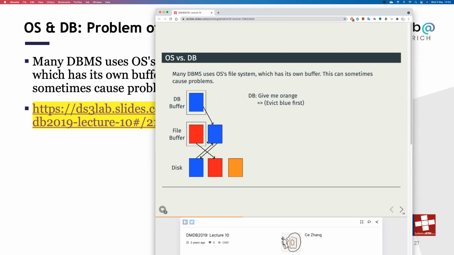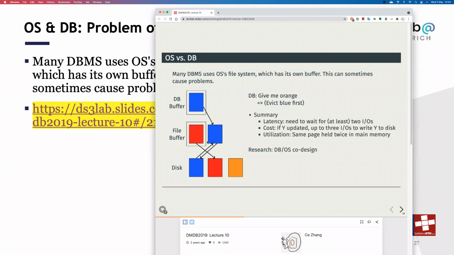So as you can see, whenever you have these two levels of buffers, you could waste a whole bunch of I/O because these two buffers do not know what each other is trying to do, right? That is why, if you look at modern database research, especially in the last couple of years, there's one very interesting topic about database and operating system co-design.